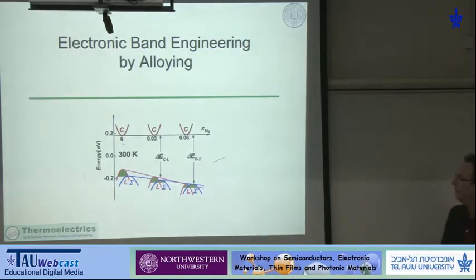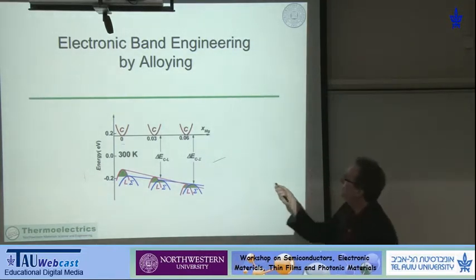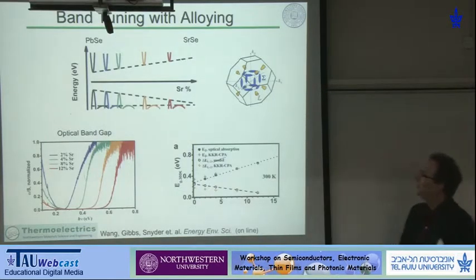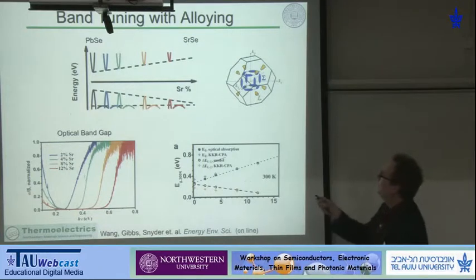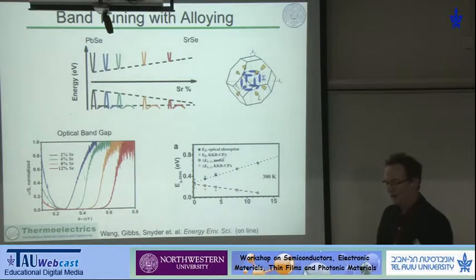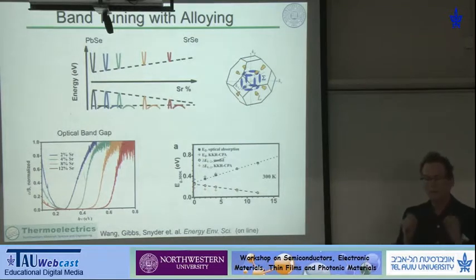So just to give a quick example of what we can do there, we're going to talk about how we can engineer the band structure with alloying. So the idea here is that the number of valleys is an important factor of the quality factor, and that means we're looking for Fermi surfaces with lots of discrete pockets in them.